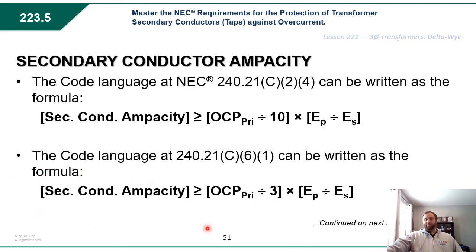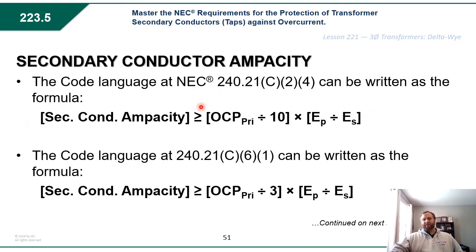Now, I want you to pay close attention to this because this is where it can get sticky. That's the bare minimum just according to the secondary of the transformer. Now, let's say we've done our calculations here, and I determined that my smallest wire I can run on my transformer secondary is only a 60 amp wire because I've done all of my math involved.